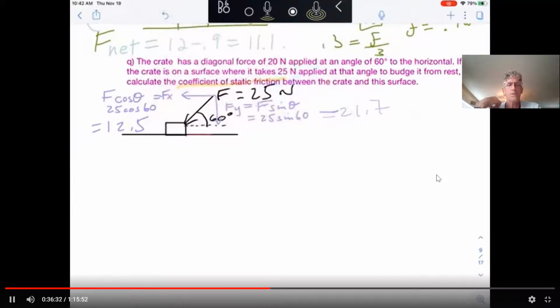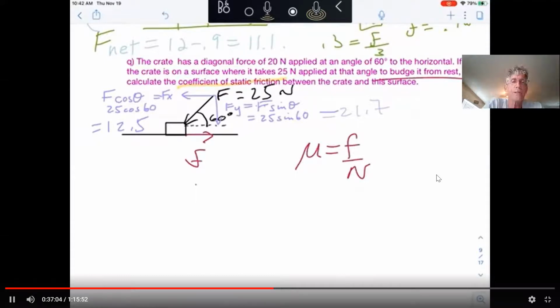So calculate the coefficient of friction. I know it has to be to the right. So what is the force that is moving to the left to oppose that? Looks like the Fx, right? So let's find what the friction is. Coefficient of friction is what we're looking for. I don't really care if it's static or kinetic at this point.